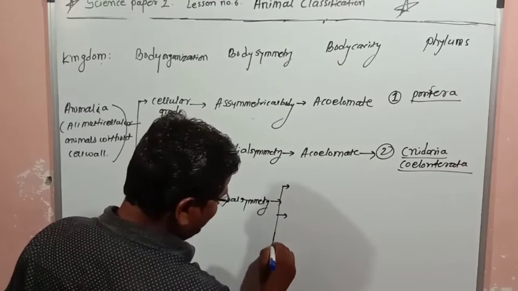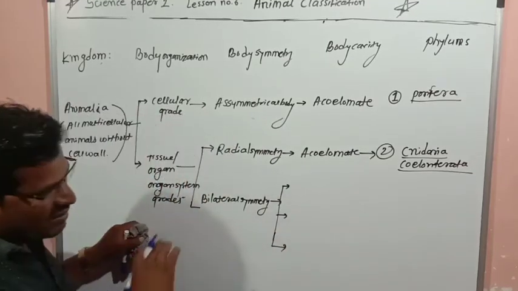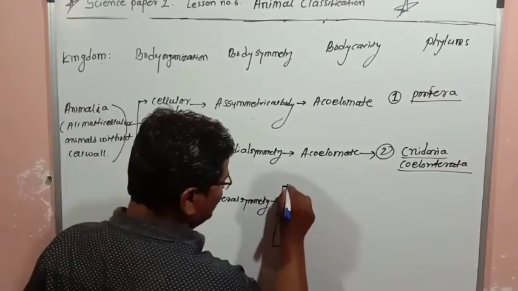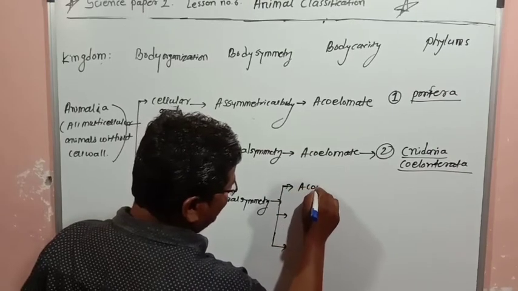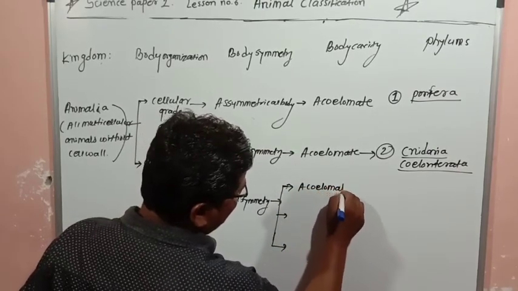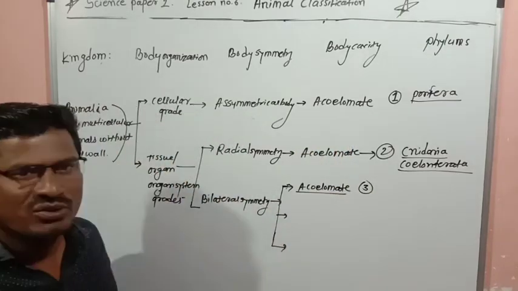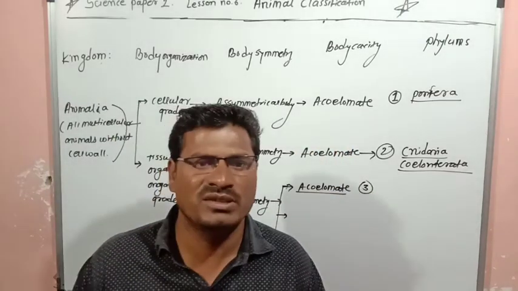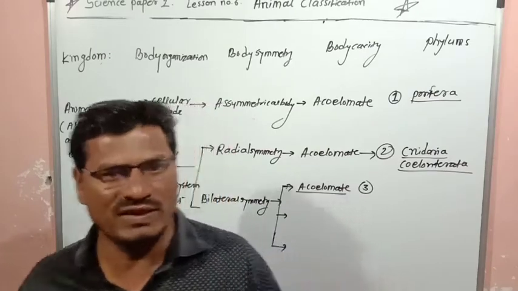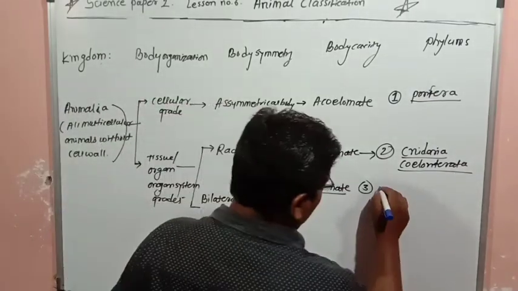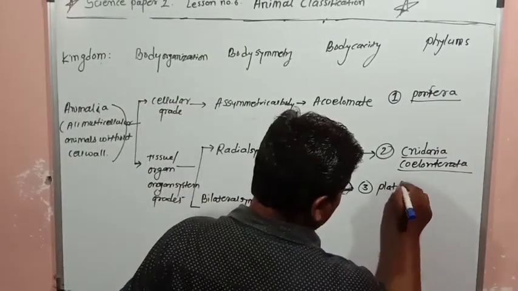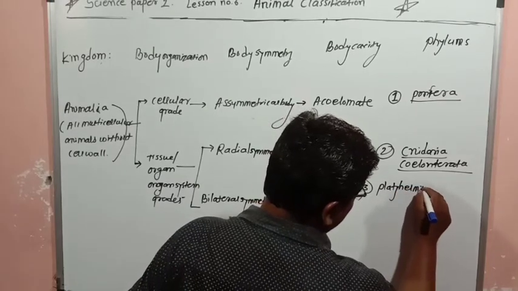According to body cavity, three types are there: some are acoelomate, some pseudocoelomate, and some eucoelomate. First is acoelomate. The phylum that comes under acoelomate is Platyhelminthes.